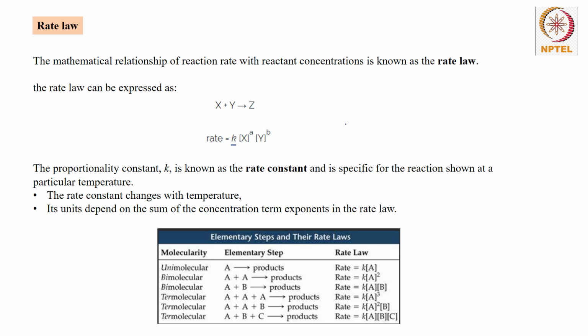But what is an exothermic reaction? If you are burning a paper, that is an exothermic reaction because you are getting heat from it. So you understood what is endothermic and what is exothermic.